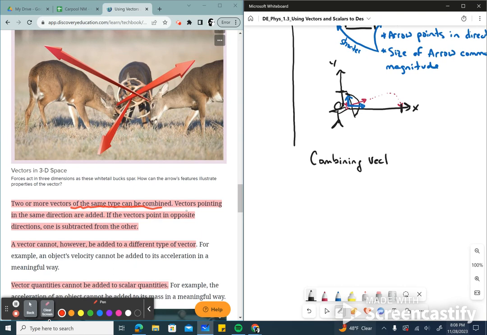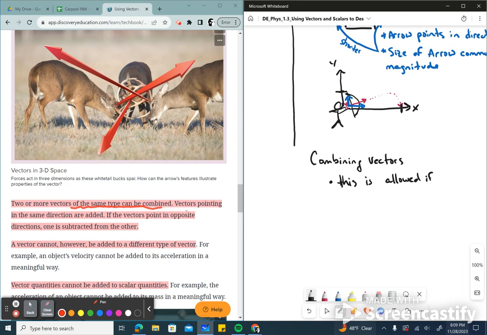Combining vectors. This is allowed if we're talking the same units, right?